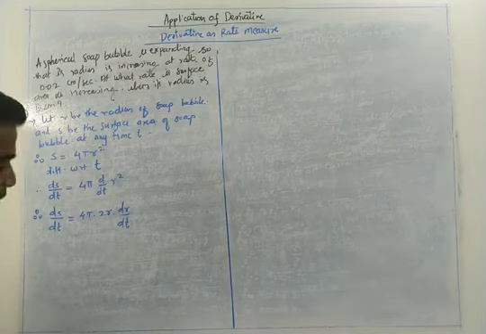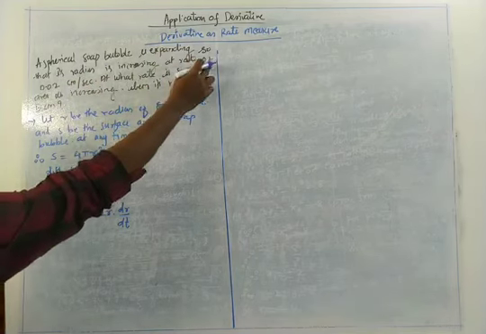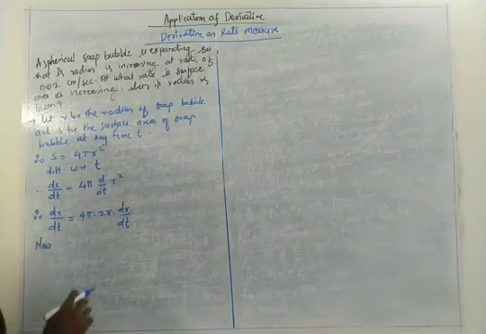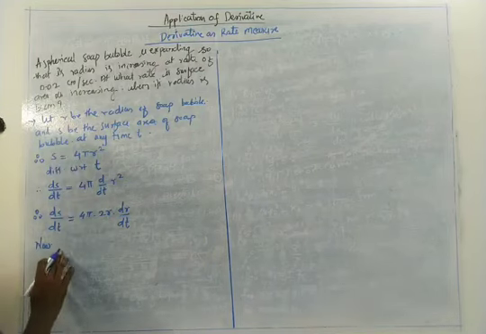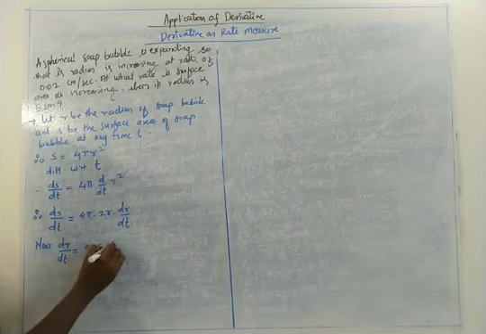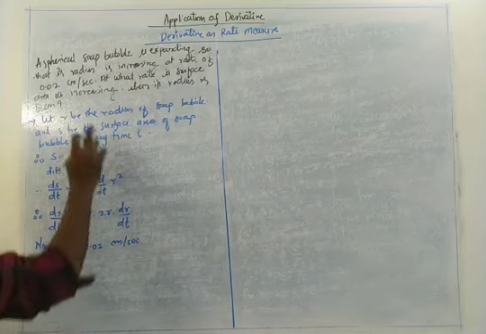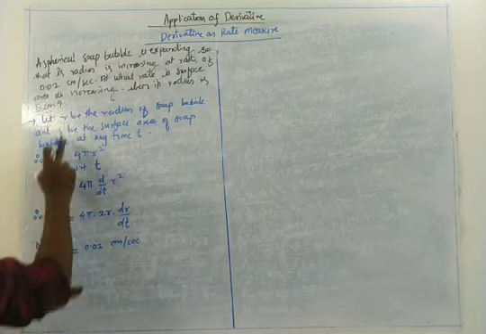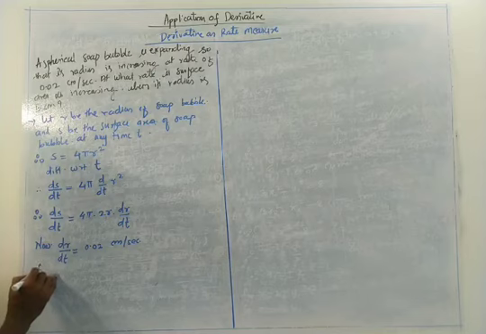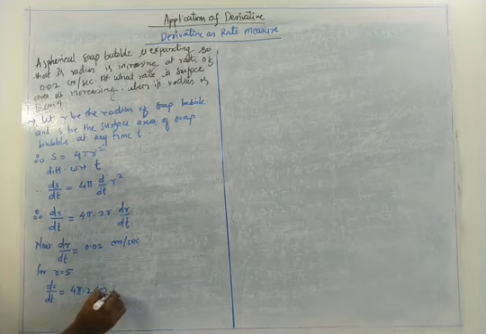Now in the given question, the radius is increasing at the rate of 0.02 centimeter per second. It means the change in radius with respect to time is given, that is dr by dt is 0.02 centimeter per second. Now we are going to find the change in surface area, that is dS by dt, when r is 5. So for r equal to 5, dS by dt is equal to 4 pi into 2 times 5 into 0.02.